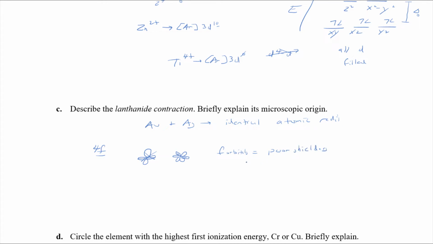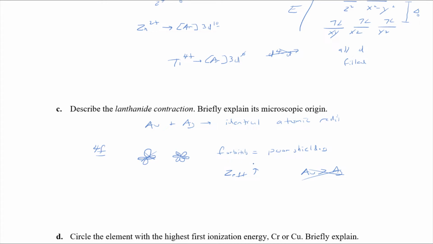And if they are poor shielders, that means that the Z effective that the outer electrons feel is increased compared to what you would expect it to be. So you would expect gold to be much bigger than silver, but that's not what we see. By gold having these 4f orbitals, the electrons are spread out.